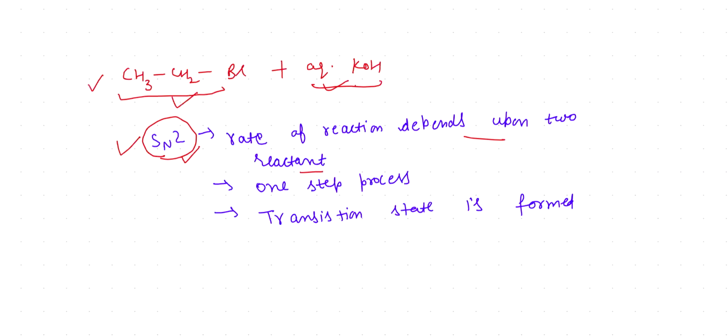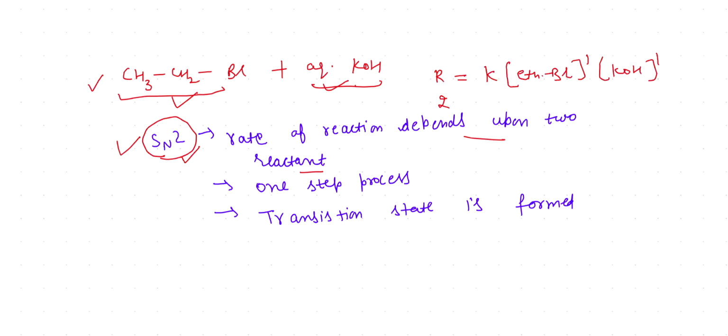How? Rate of reaction is equal to k times the concentration of ethyl bromide times the concentration of KOH. If the concentration of both of these reactants is unity, then the rate of reaction will also be k.